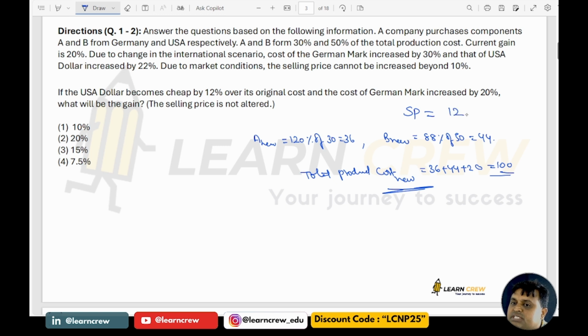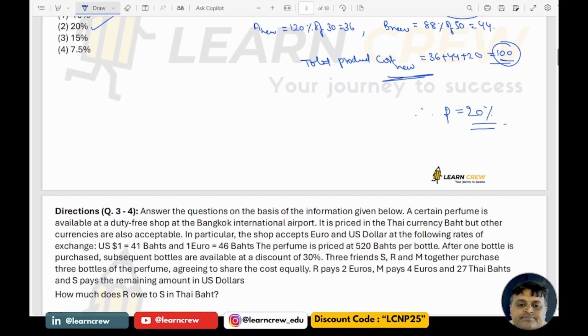So selling price is 120. Selling price is not altered. So cost price is 100. Selling price is 120. So there is a profit of how much? 20%. So first question and second question are completed. Now next.